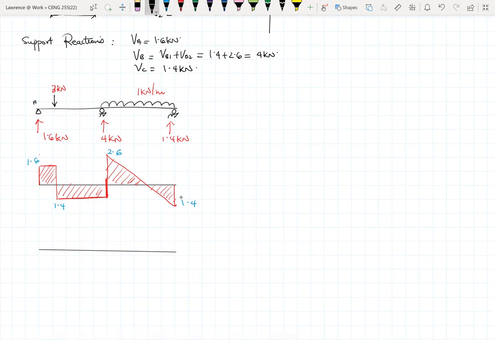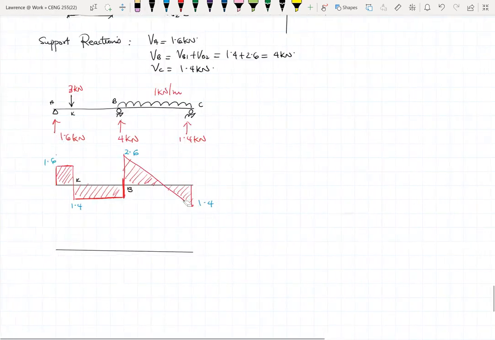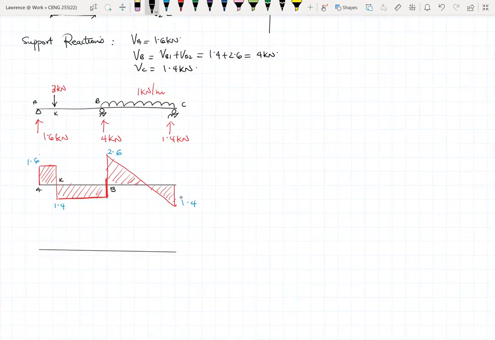Let me call this one A, B, C. Then let me call this one K. I'll take the midpoint M out because it might be confusing, so I'll just use A, B, K, and C.